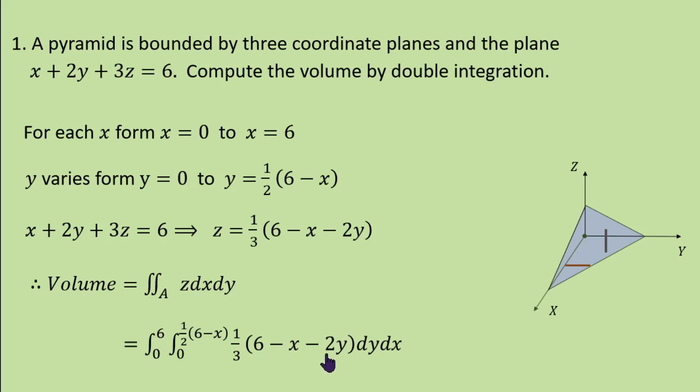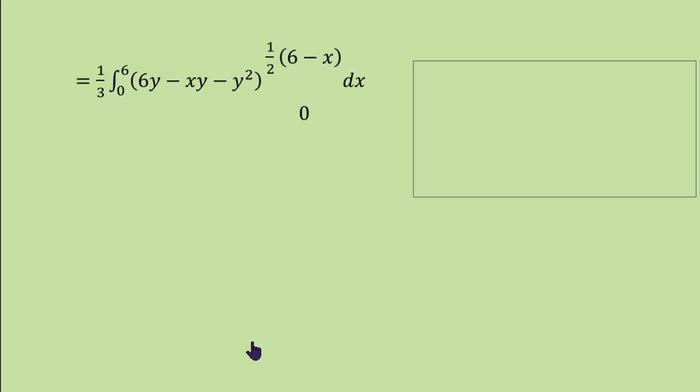Integral of 6 minus x minus 2y with respect to y is 6y minus xy minus y square. Integral of 2y is y square by 2 times 2, so y square. And the limit of y is from 0 to half of 6 minus x. Now, 6y minus xy minus y square, upper limit of y is half of 6 minus x.